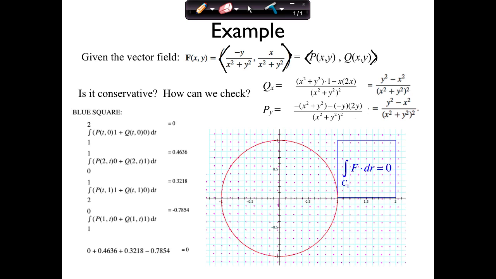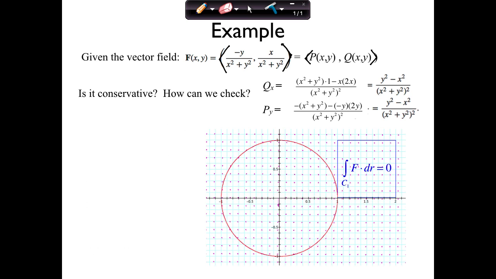Let's do the circle, the unit circle. We're going to call that C2. First thing we need to do this line integral is? We need the curve in terms of t, right? We need to parameterize the curve, so we'll call that r2.